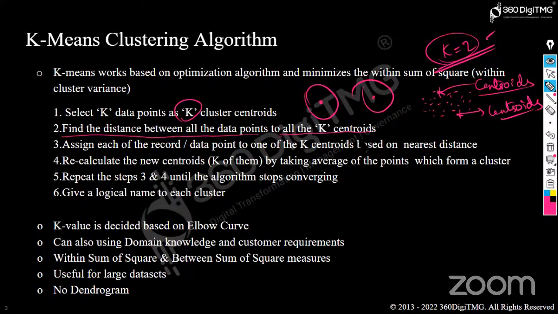Hence, I'll mark the centroids initially somewhere, and you find the distance between all the points and this centroid. Whichever is nearer joins this group, and whichever is nearer to the other joins that group. And this forms the clusters.